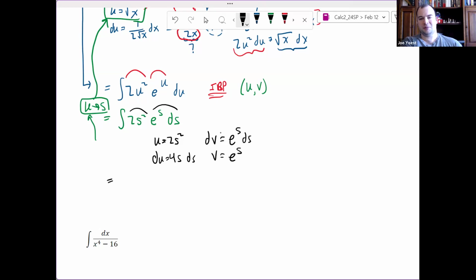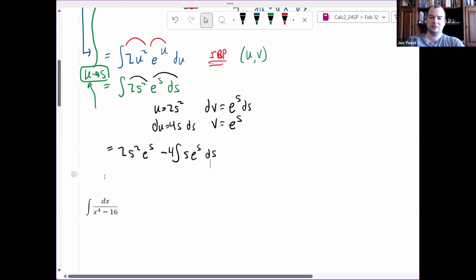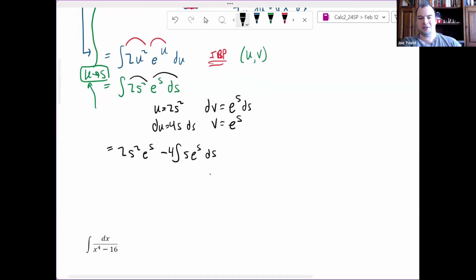So this integral is going to be uv minus the integral of v du. That made things a little simpler. I want to do integration by parts a second time. And what I'm going to do here is, since I'm doing integration by parts again, put this whole -4 inside of the integral.